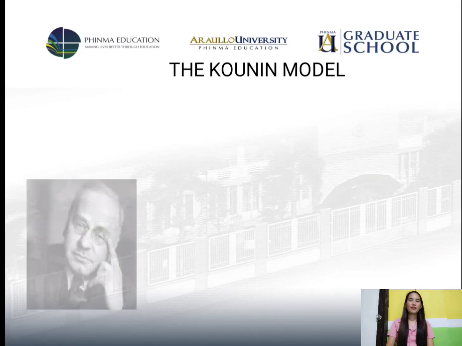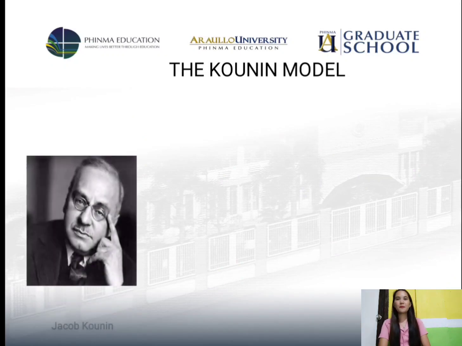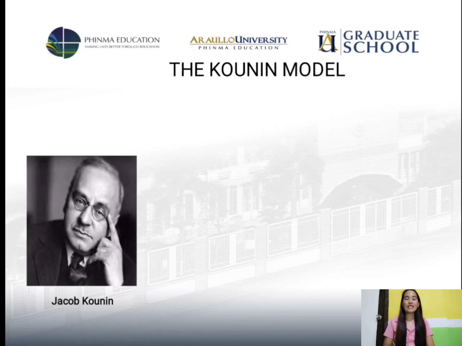Okay, just a review to introduce Jacob Koenen. He is known for two studies regarding classroom management in the 1970s. These studies emphasized how teachers could manage students as well as the lessons and classroom to reduce the incidence of bad behavior.